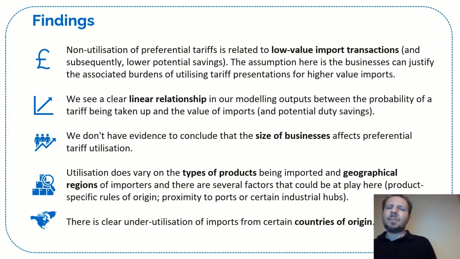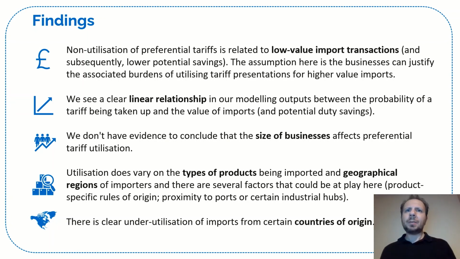Here are some findings from our analysis so far. When looking at factors that play a significant role in the underutilization of preferential tariffs, the most important of them is low value transactions, which result in low savings. Since there are administrative costs associated with the utilization of preferential tariffs, firms use them only when it is justified by the savings.